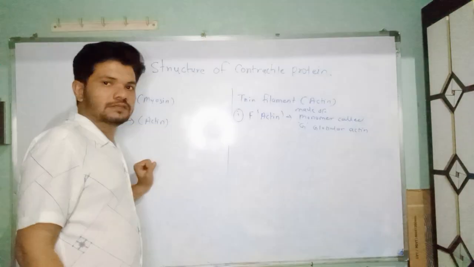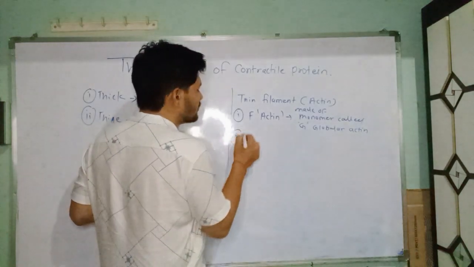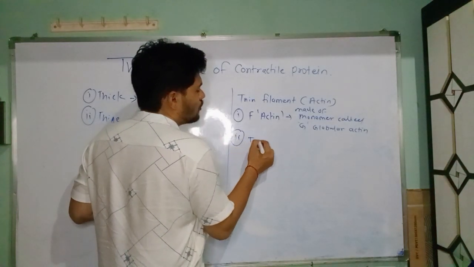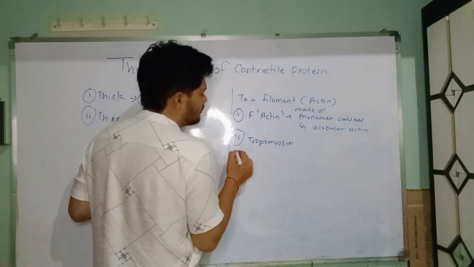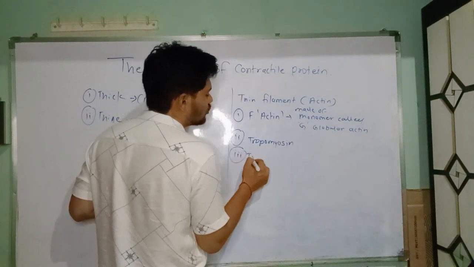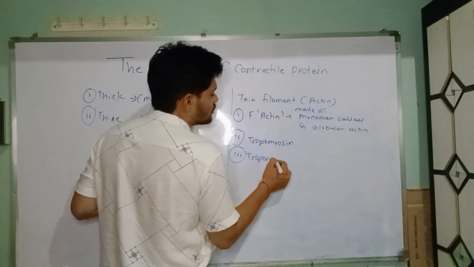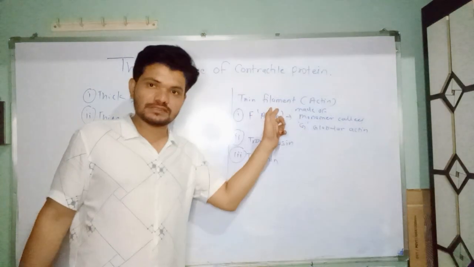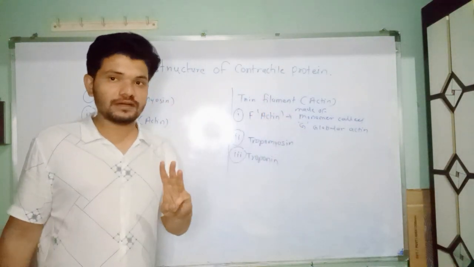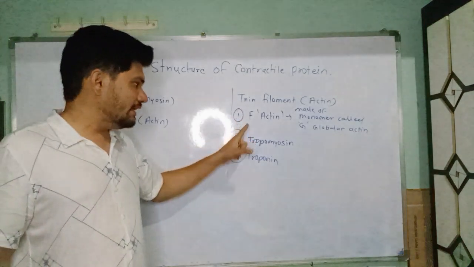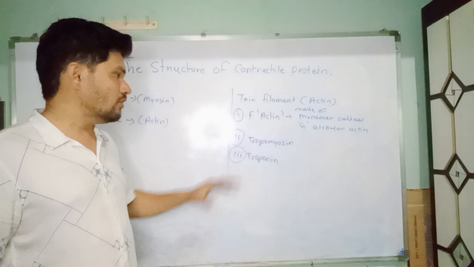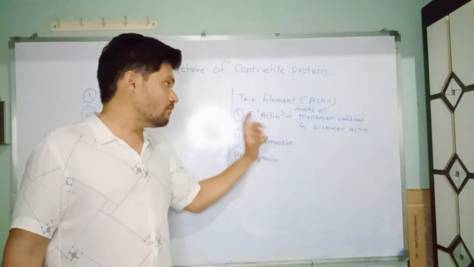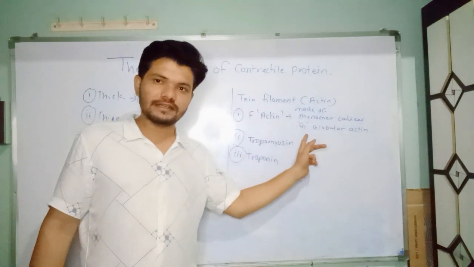Then the second one is tropomyosin, and the third one is troponin. F actin, or filamentous actin, is made up of monomeric units called G actins.